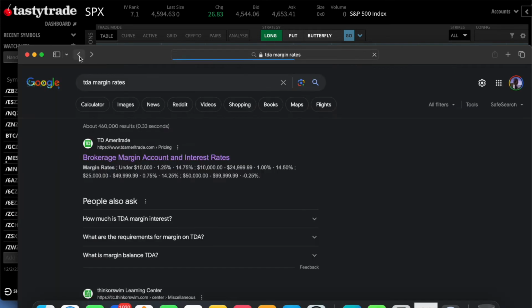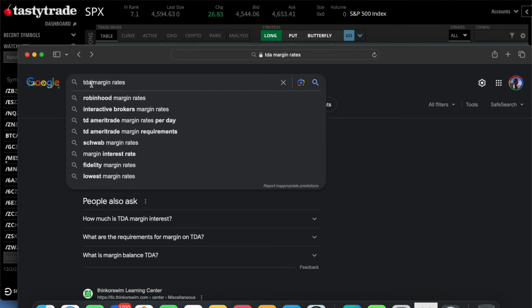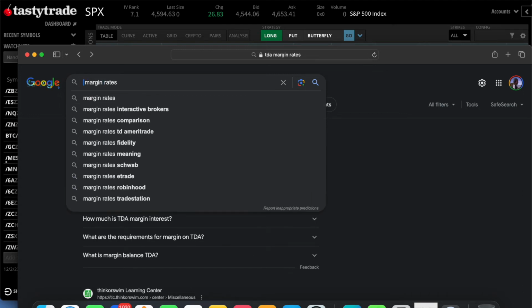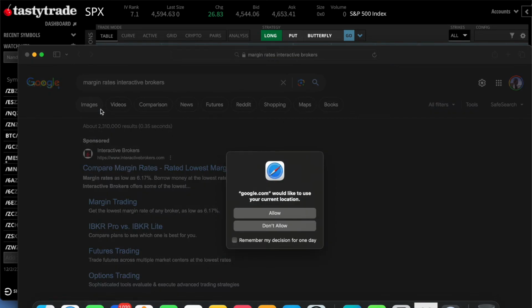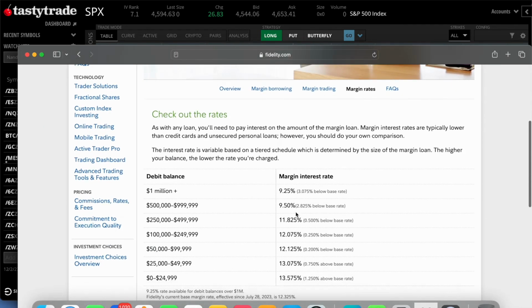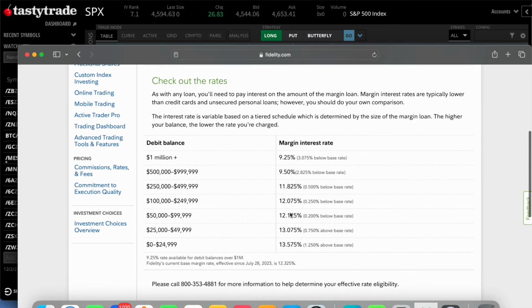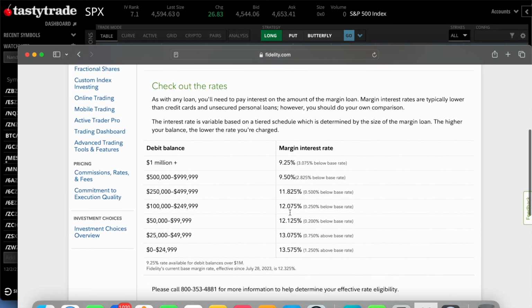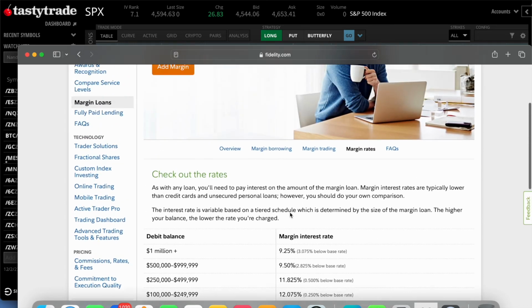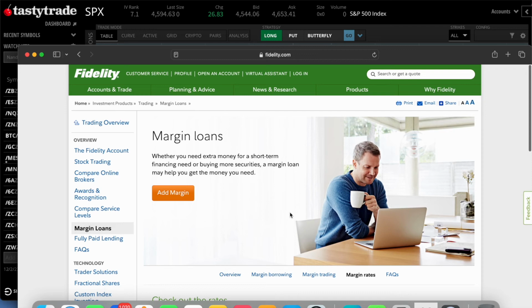All right, let's look at one more. There's Schwab, there's TD Ameritrade. How about Fidelity? What does Fidelity charge? This is exactly the same as Schwab for under 25,000. It looks pretty similar to Schwab, less than TD Ameritrade. So TD Ameritrade is the worst of the three that we checked.